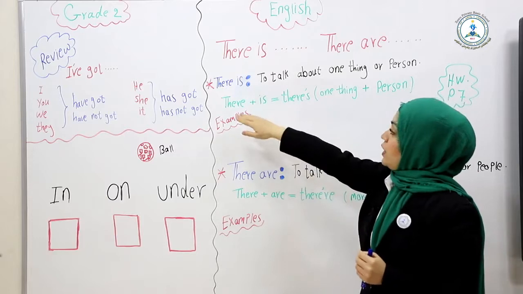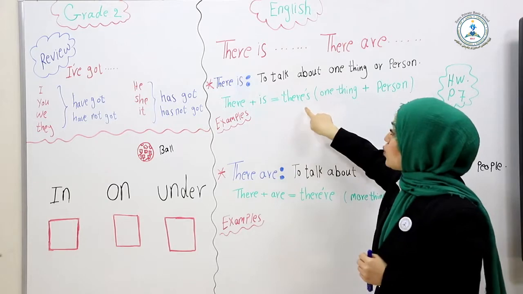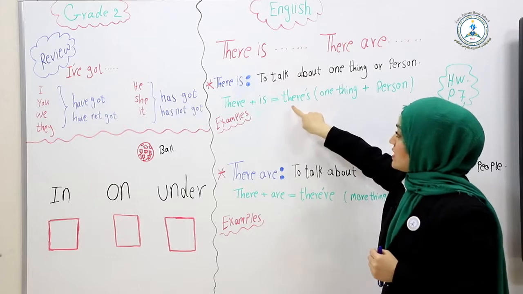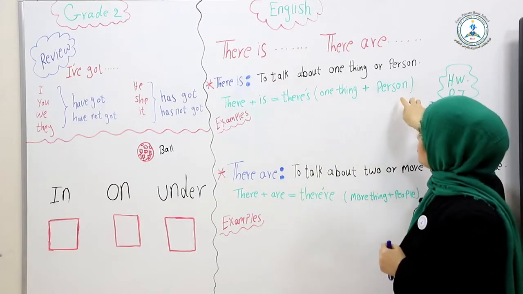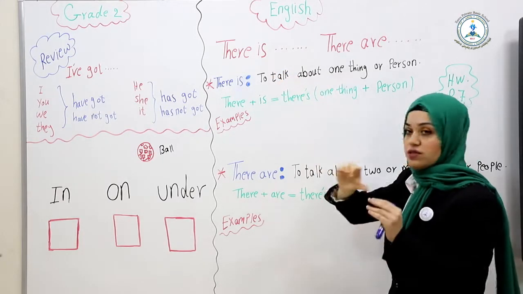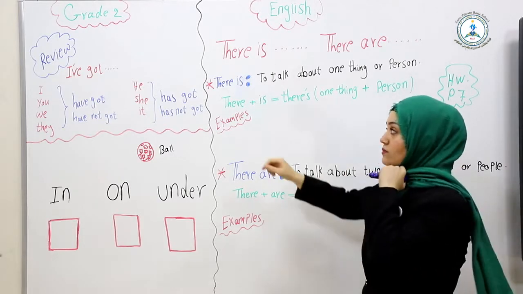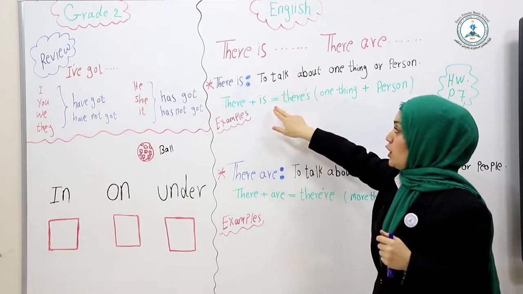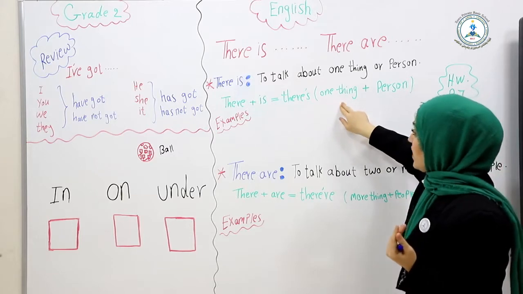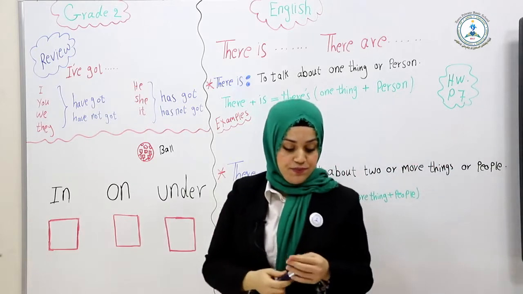That's a rule. There plus is, we have the short form, there's, which we usually use. It's the same thing that we said here; we just made it shorter, like a rule. So there plus is equals there's, and it's used for one thing and one person. Let me give you examples.